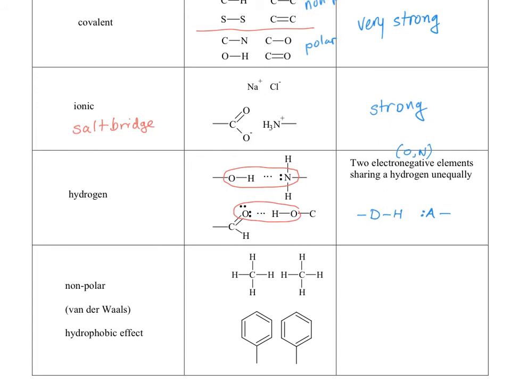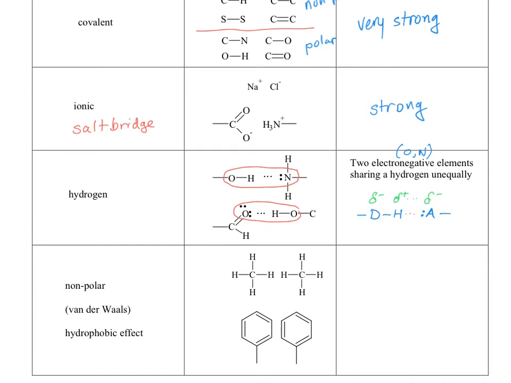What we see, though, is we also sometimes put in three dots to represent the hydrogen bond interaction. And you're not required to do that either, but you are required to know the definition of a donor and an acceptor. Let's make a note here that the donor tends to be partially positive where the hydrogen is, and the acceptor tends to be partially negative, and that is the interaction that is a slight electrostatic interaction.